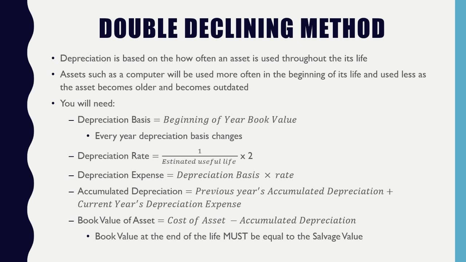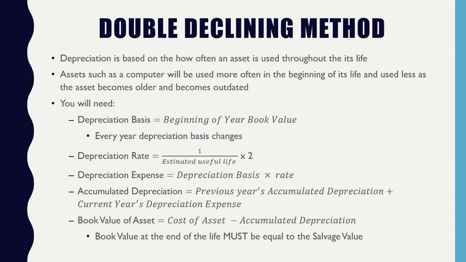So this one is time sensitive. It's going to be 1, like the number 1, divided by the estimated useful life, and we multiply it by 2 because we're going to depreciate it twice as fast. So the depreciation rate is 1 over the estimated useful life times 2, hence the word double declining.